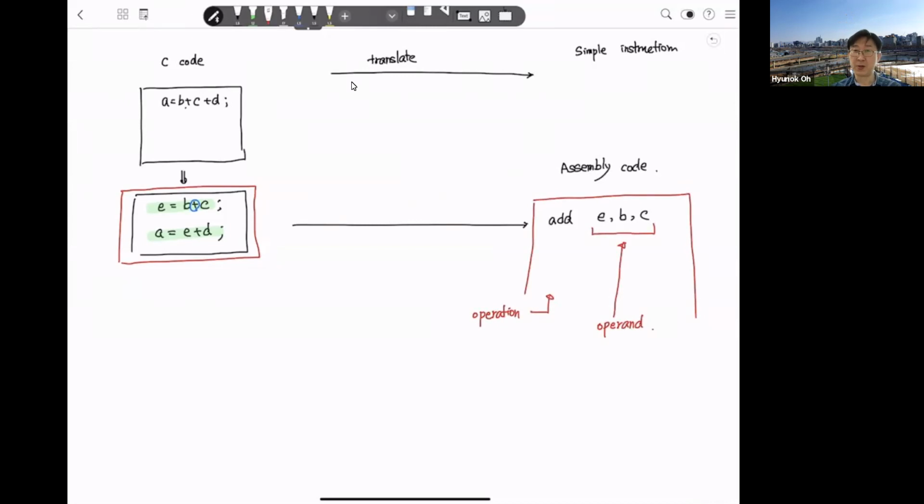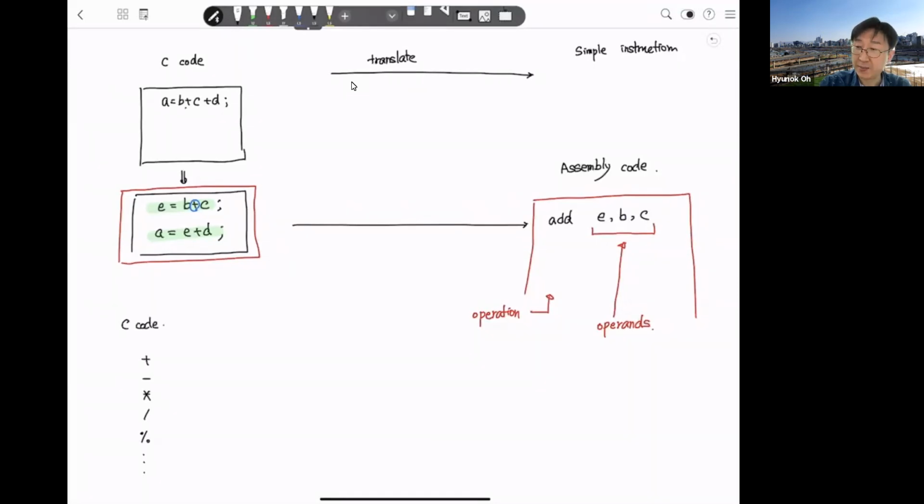In order to understand the assembly code or instruction set, we have to know what kinds of operations are available, and for each operation, what operands are required. If we know the operations and operands, then we can understand the whole instruction set. In C code, there is an addition operation, and subtraction, multiplication, division, and modulo. There are so many C keywords.